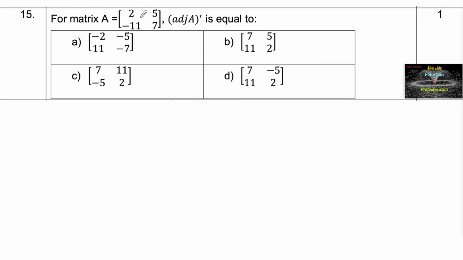For matrix A is equal to 2, 5, minus 11 and 7, adjoint of A transpose, means transpose of adjoint of a matrix is equal to, for a 2 by 2 matrix, say A is equal to a, b, c, d. So we have adjoint of matrix A is equal to, so we can just interchange these elements where i is equal to j, a and d.